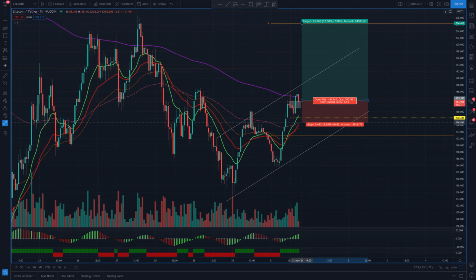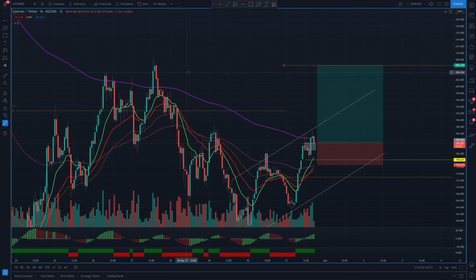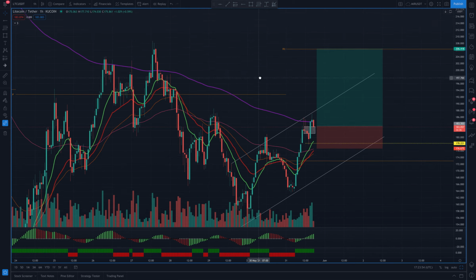If I were to enter right now, I'll probably set the stop loss around here. So I'll enter at around 183.057-ish, stop loss probably around 176, take profit 206. Yep, that's about right.